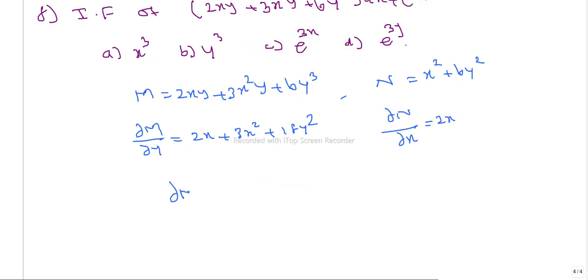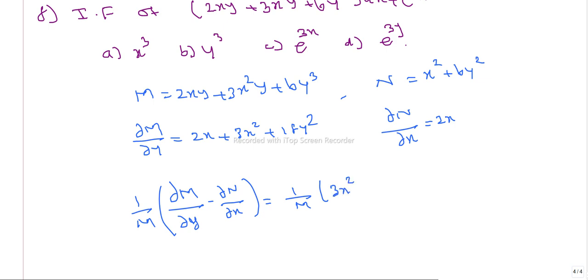First you find (∂M/∂y − ∂N/∂x) times 1/M. You have to check whether this is a function of y alone or not. If you subtract, we can cancel the 2x, and we have 3x² + 18y².